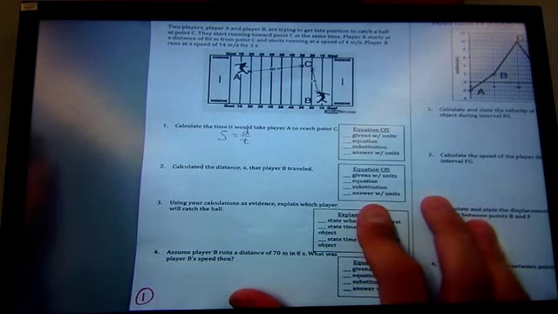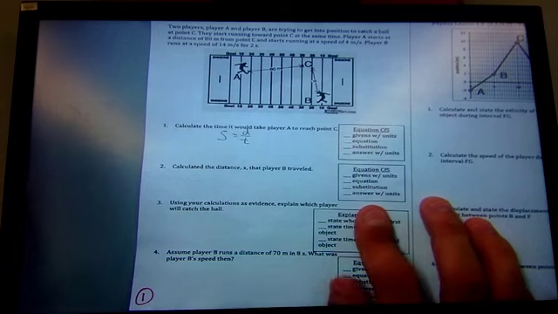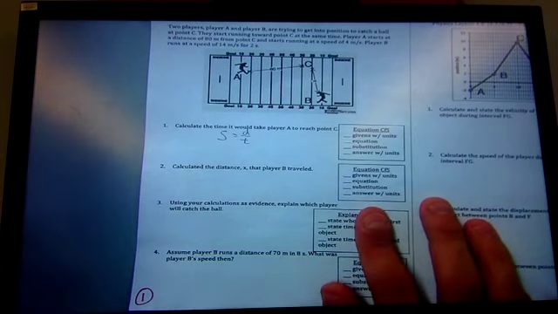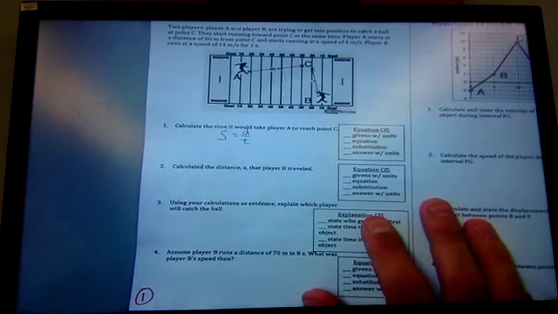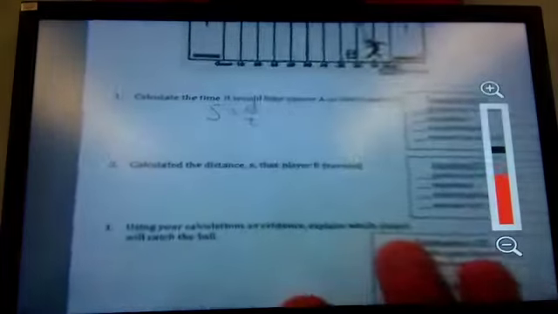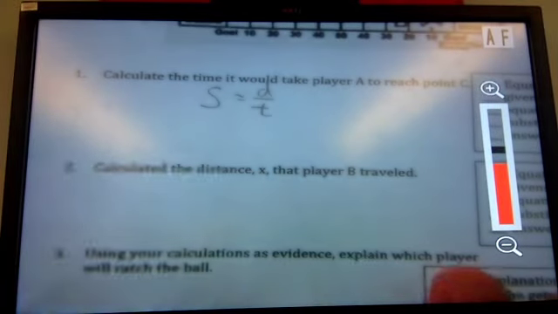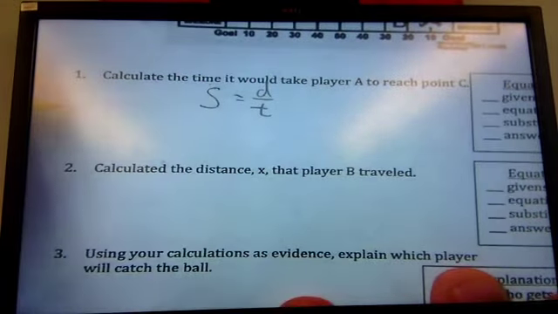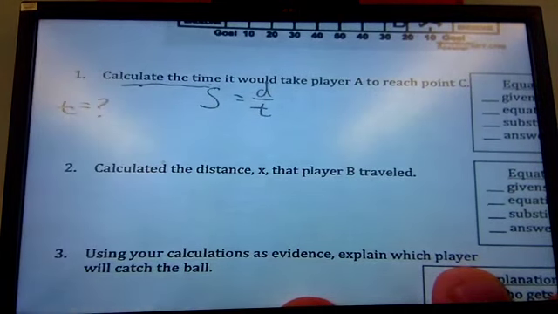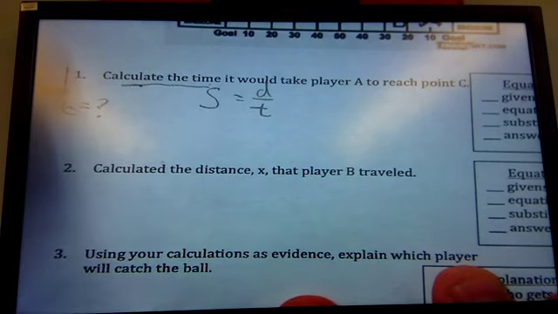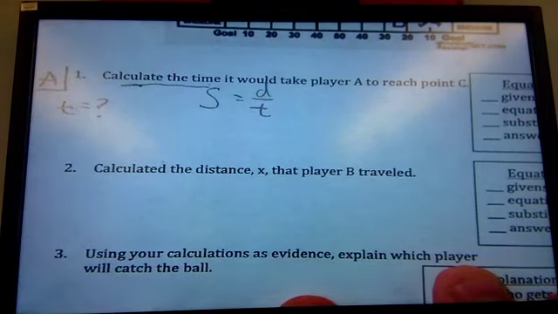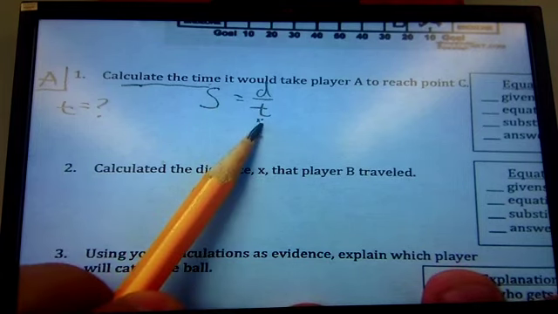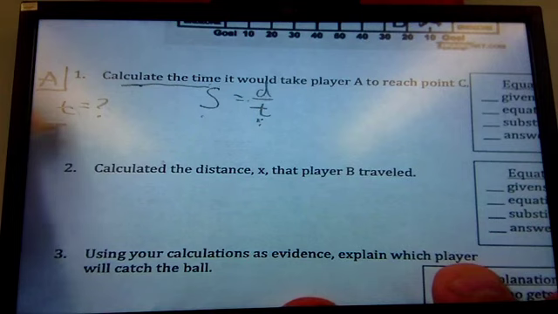The trick is going to be figuring out which of these we have to solve for and finding the right information in the prompt. So let's look at number 1. Number 1 says calculate the time, so I know that time is my unknown. It takes player A to reach point C, and I know this information is going to be about player A. I also know if I want time, I'm going to need speed and distance.